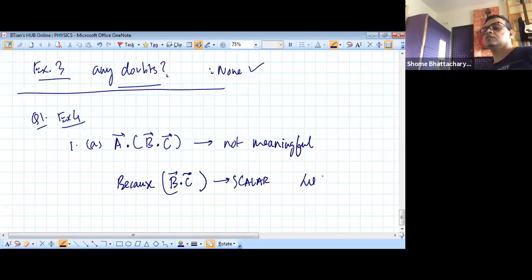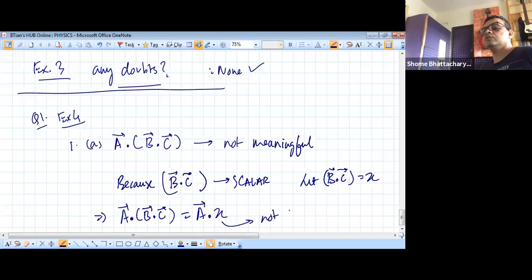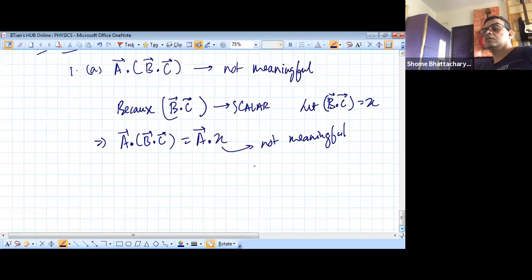Suppose b dot c is a scalar quantity x, then e dot (b dot c) is a dot product with a scalar. So this is not meaningful because the dot product is applicable to vectors only.